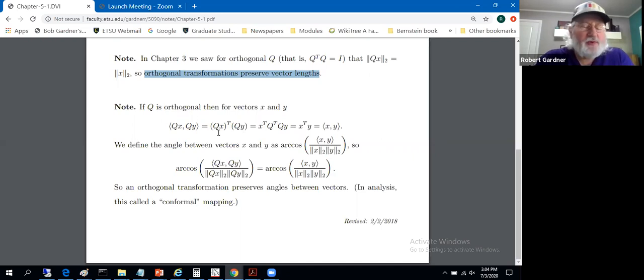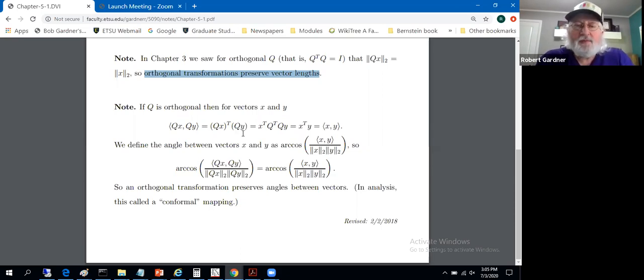Remember, unless otherwise stated, vectors are treated as column vectors. So here we've got a row vector times a column vector, just your row times column thing. That's how we can write dot products as matrix products. Technically, we get a 1-by-1 matrix, but we treat it as a scalar.